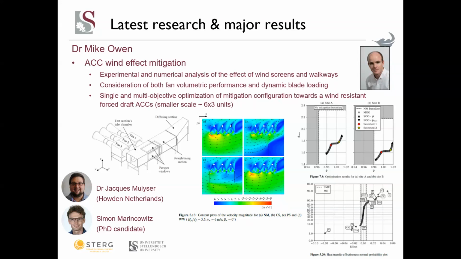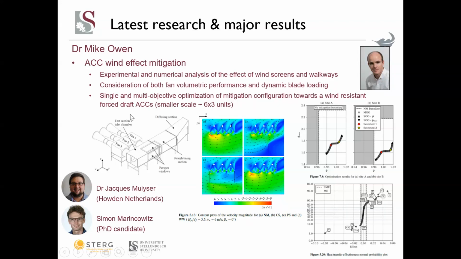They consider two different things: the effect on fan volume flow rate as well as dynamic blade loading. And by using single and multiple objective optimization, they look to find that configuration which is most wind resistant for forced draft ACCs. They're specifically looking at a smaller scale ACC with 6 ACC fan units and 3 streets.